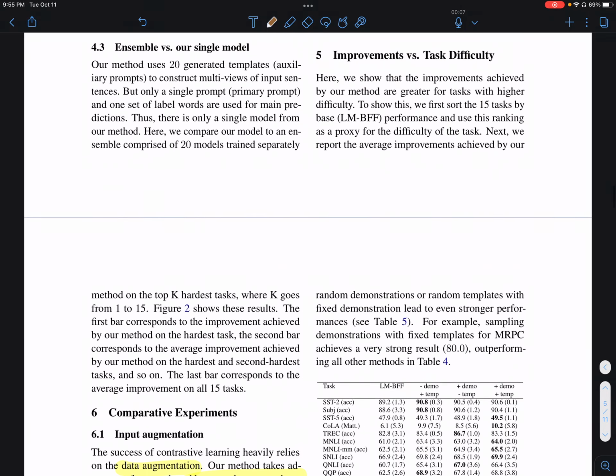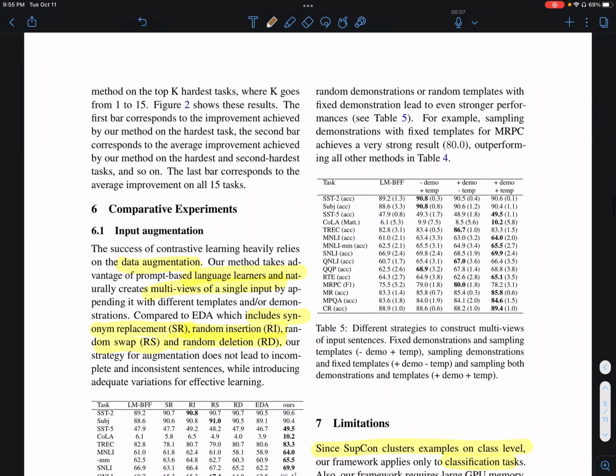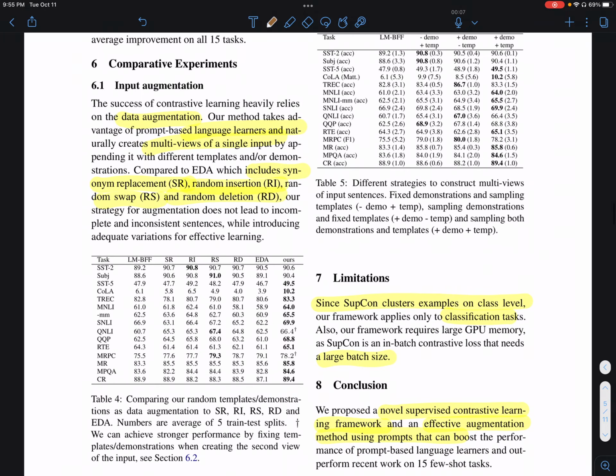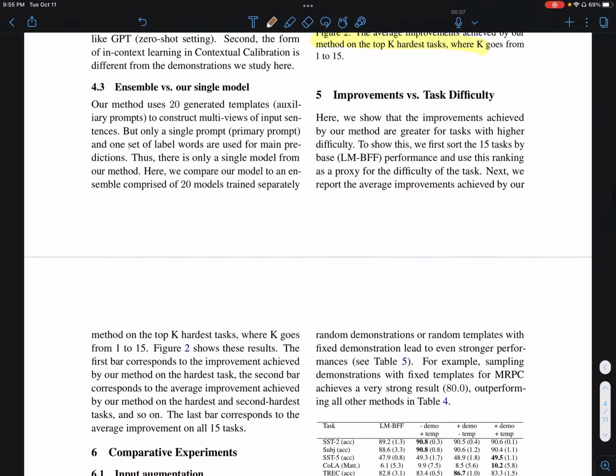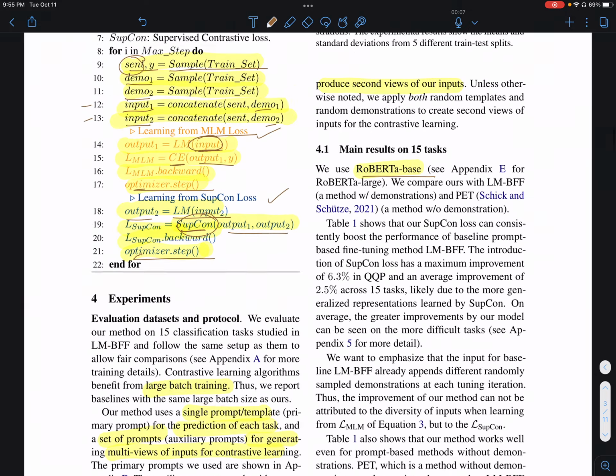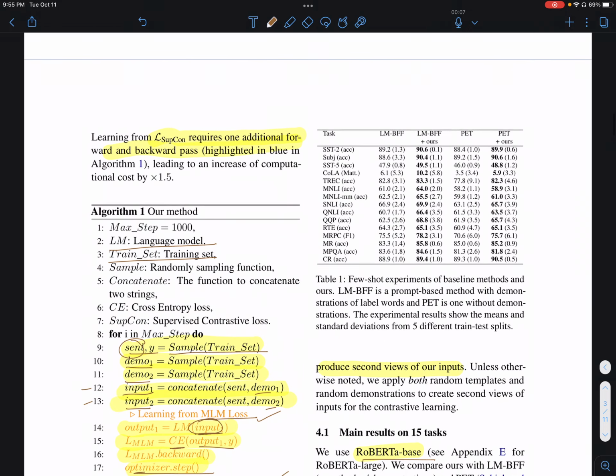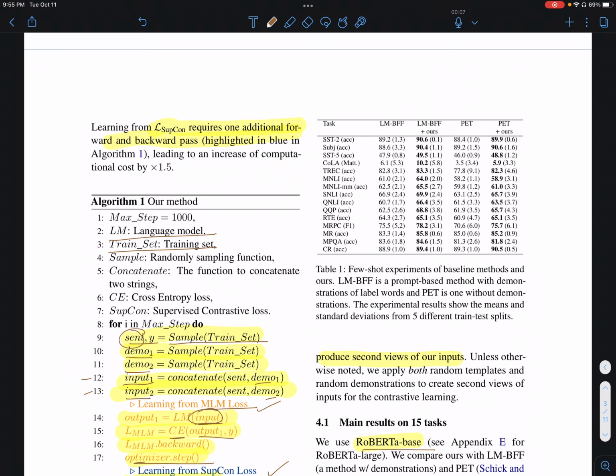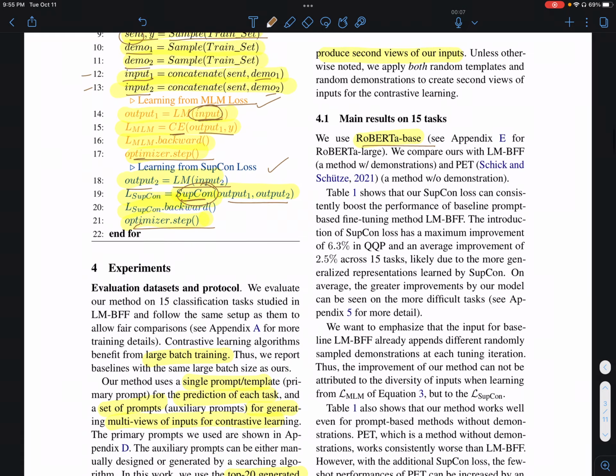They find that this method performs better when you have demonstrations. These are the extra examples we saw for both the positive and the negative class. It also performs better when you don't have demonstrations. Even then, having this contrastive loss is leading to better performance.